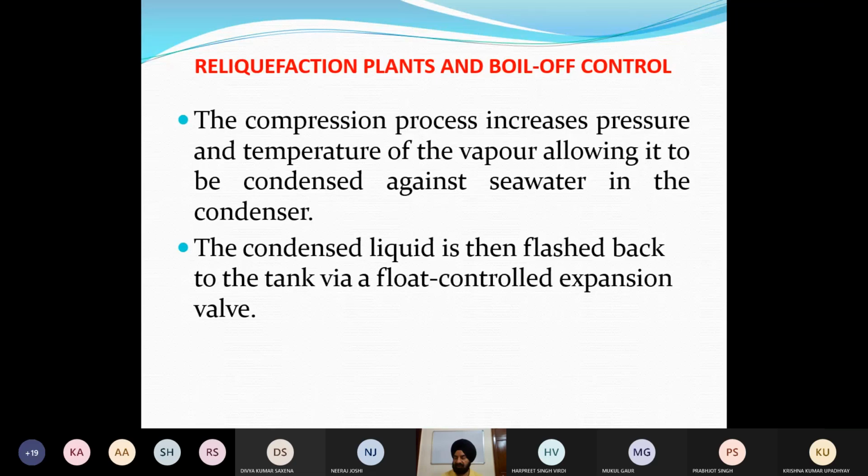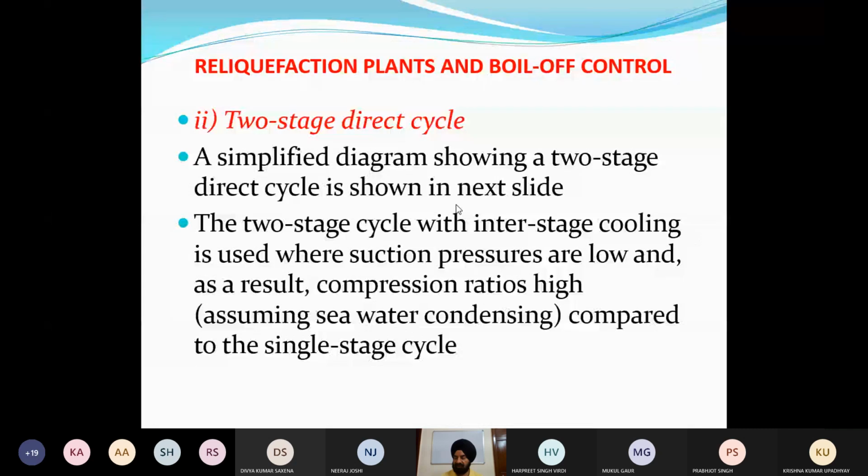Two-stage direct cycle, so that was single stage. Two-stage, yes, sometimes the cooling is not that effective. The vapors are compressed at very high temperature, so you need multiple stages of cooling. So a two-stage cycle with interstage cooling is used where suction pressures are low and as a result compression ratios are high compared to the single stage.